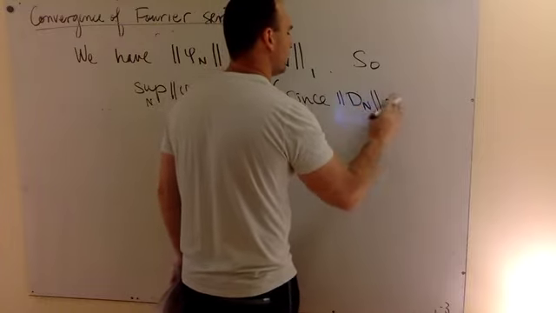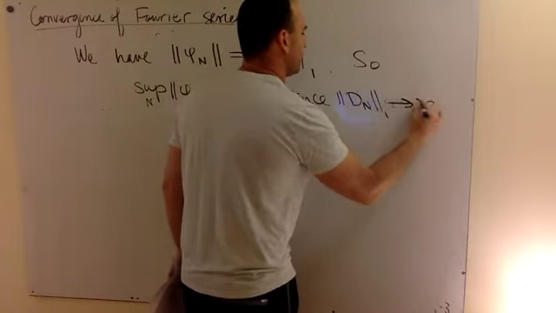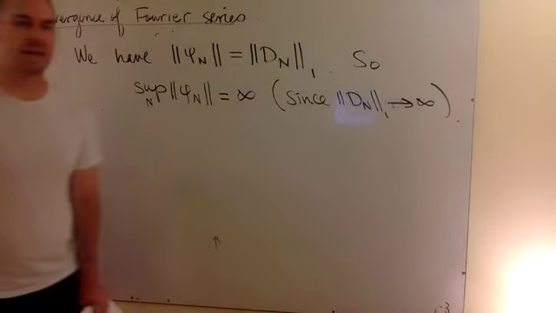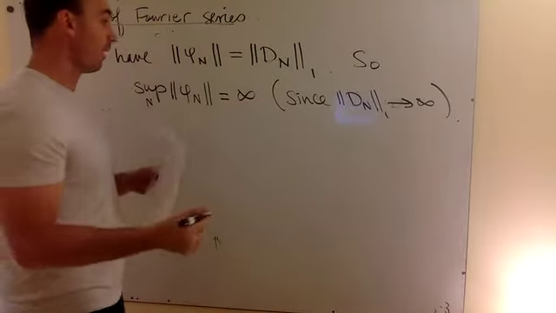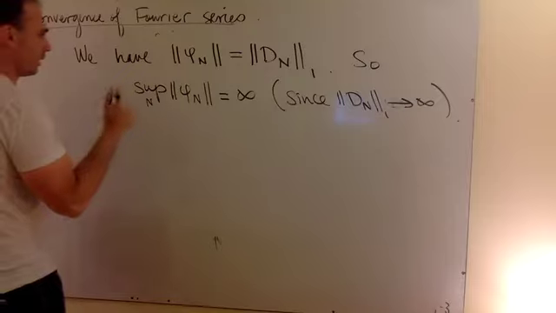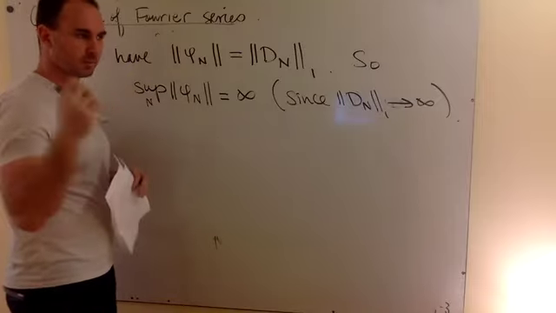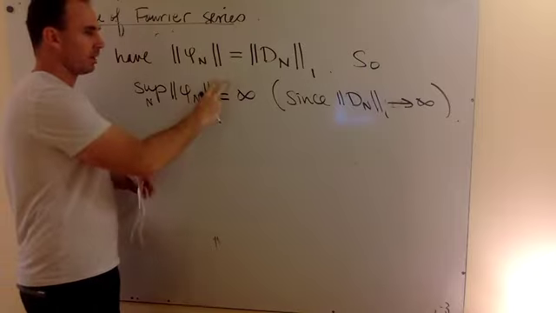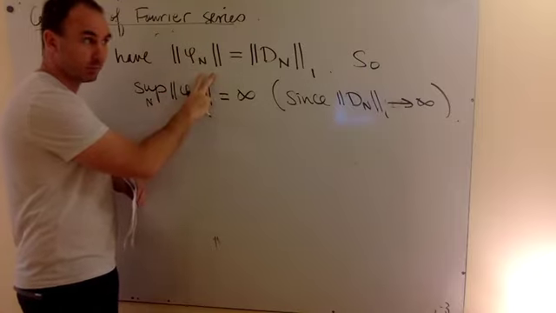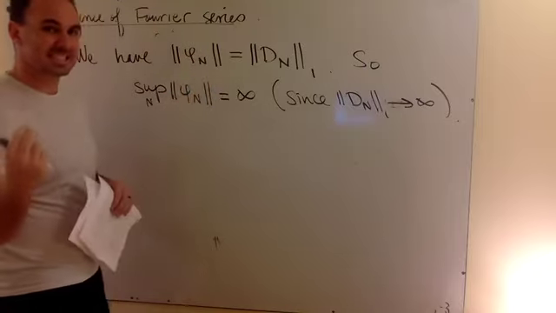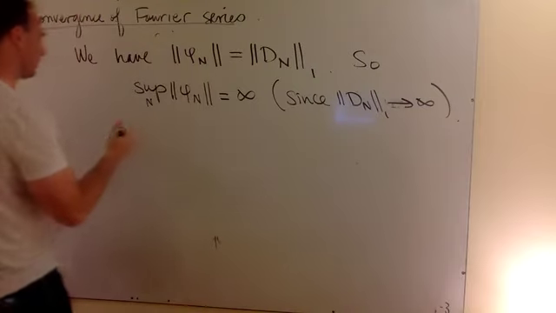Thus, by the uniform boundedness principle, recall that the principle says pointwise boundedness implies uniform boundedness. In other words, if you don't have uniform bounds, then there exists a point where you don't have pointwise boundedness.